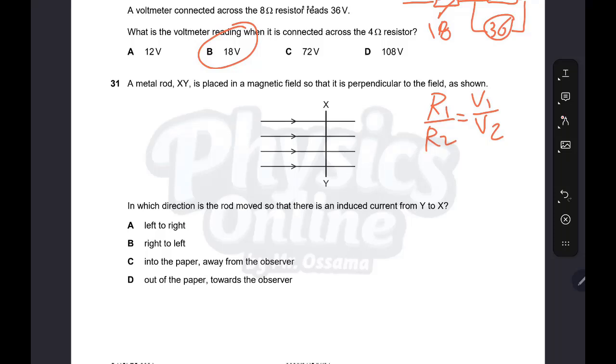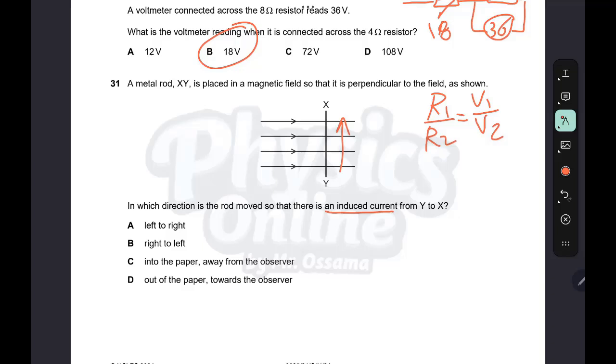A metal rod XY is placed in a magnetic field so that it is perpendicular to the field. In which direction must the rod move so that it induces a current from Y to X?